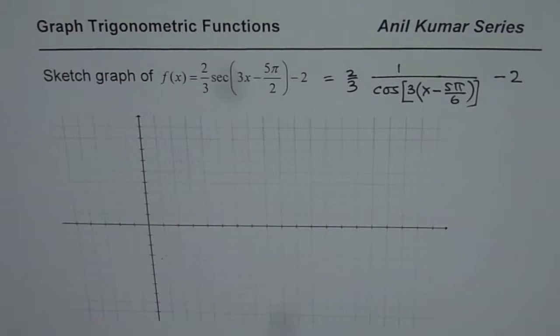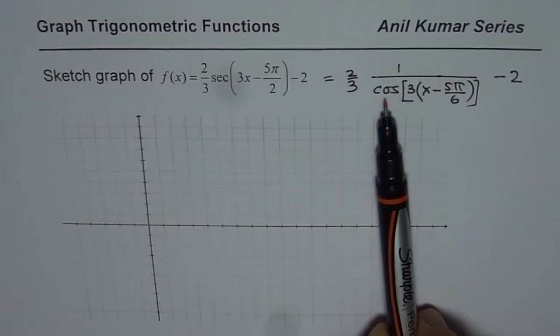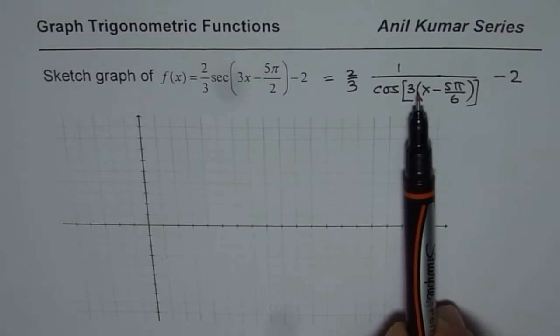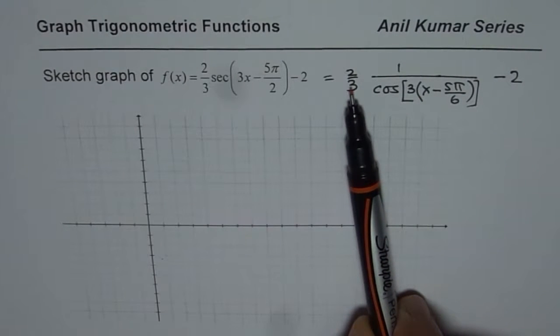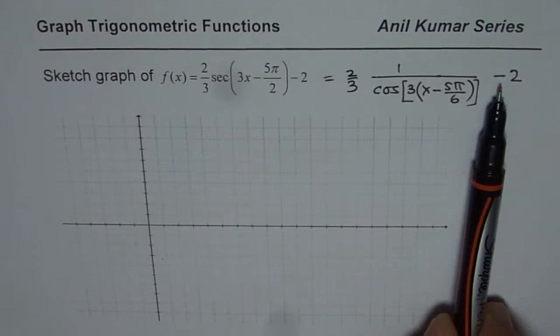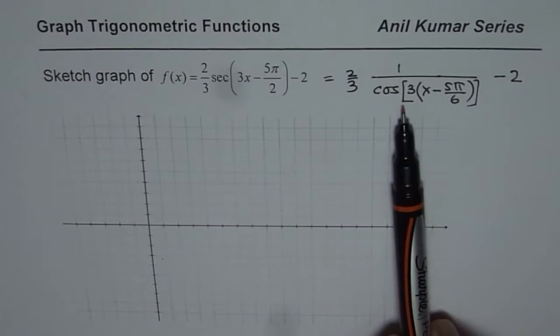Now, in this particular case, what we should do is first sketch the cosine function, then find the reciprocal of it, and then we can do the vertical stretch, in this case a compression of 2 over 3, and translation by 2 units down. So these are the steps to be followed.